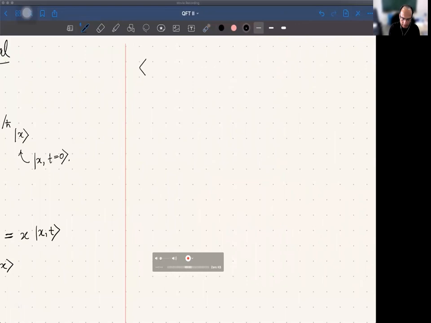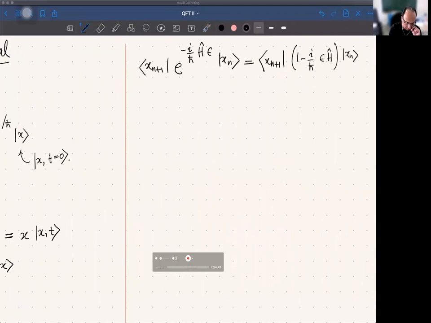Calculate x_{n+1} e to the power minus i by h bar H hat epsilon x_n. Since epsilon is infinitesimal, you can approximate this as x_{n+1}, 1 minus i by h bar epsilon H hat, x_n. The first term can be calculated easily because it's just the overlap of x_{n+1} and x_n. But the second term has H hat sandwiched between x_{n+1} and x_n.